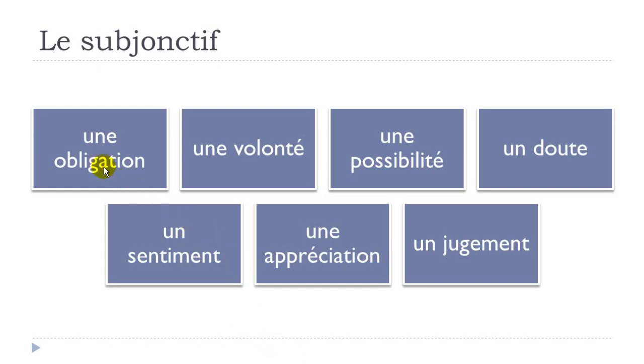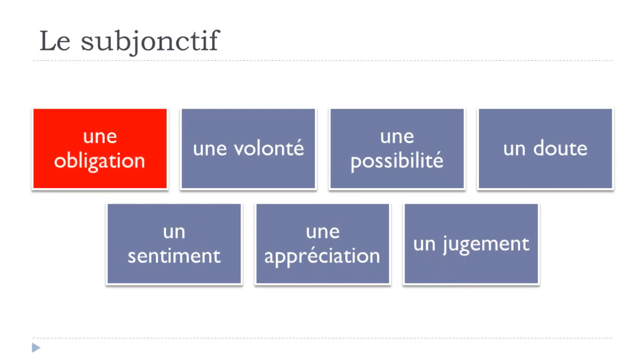If you want to express une obligation, something you have to do, une volonté, something you want to do, une possibilité, possibility, un doute, a doubt, un sentiment, a feeling, une appréciation, appreciation, and then un jugement, judgment. So in these cases, we'll use le subjonctif after this verb.